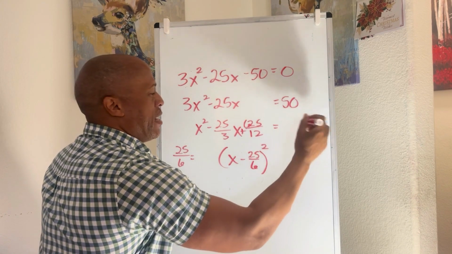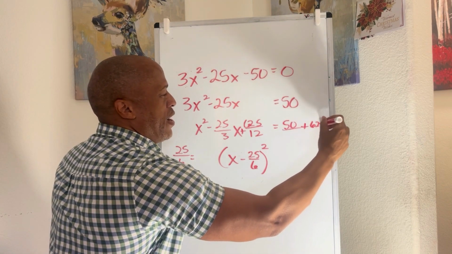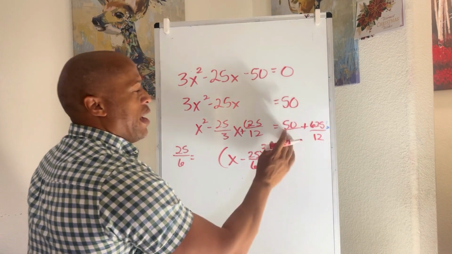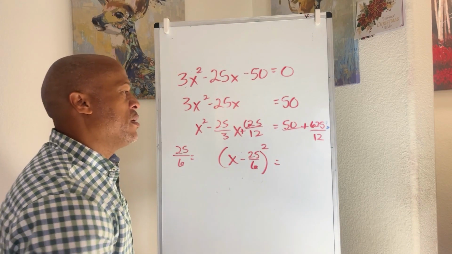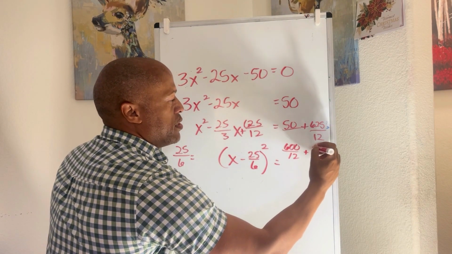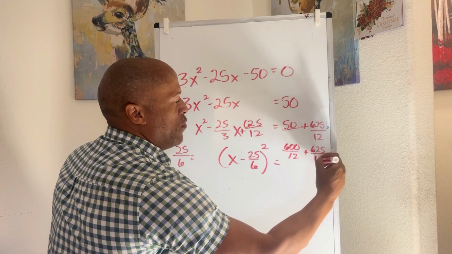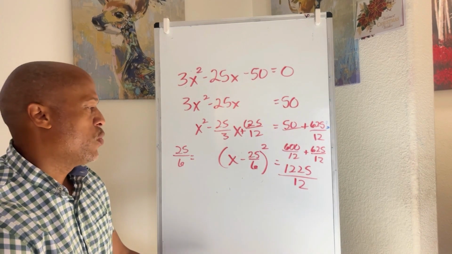If I add it to that side, I add the same thing to this side, 50 plus 625 over 12, and I'll have to deal with that. Here on this side, if I change that to 12, it looks like that's going to be 600 over 12 plus 625 over 12. And I think that's a perfect square, 1,225 all over 12.